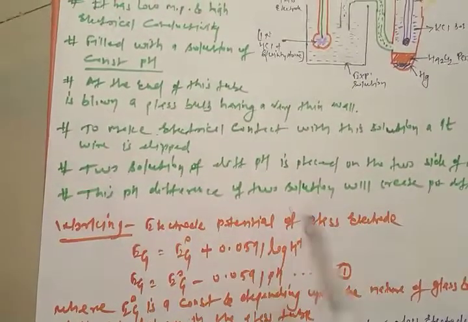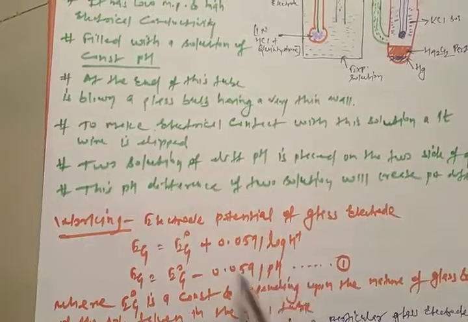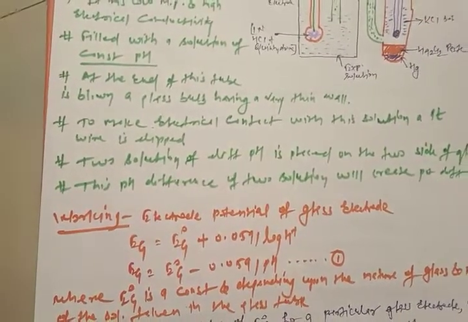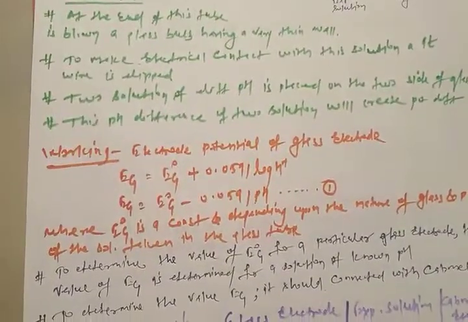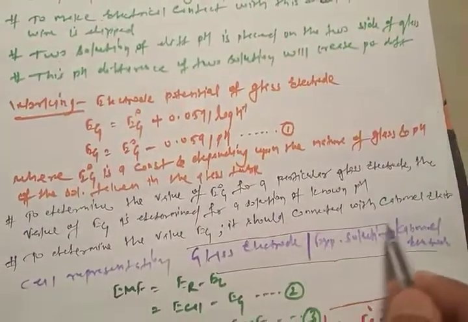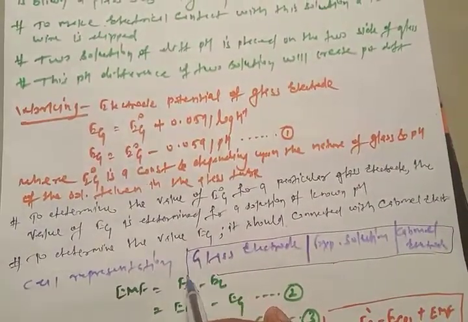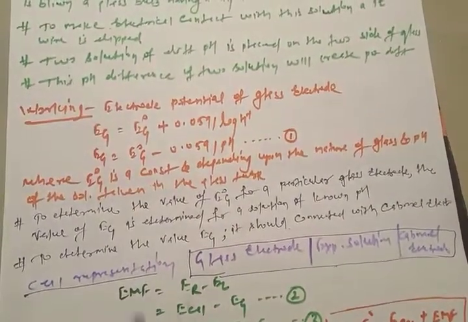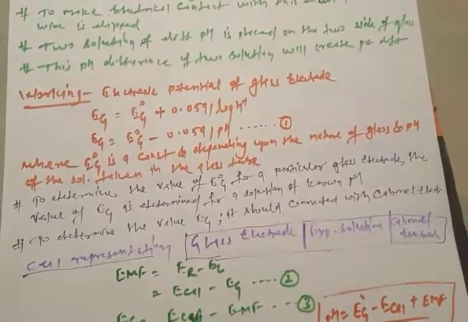Of course, we have the Quinhydrone, so we go for the Quinhydrone calculation also. And then the calomel electrode is there, so this is the cell representation, a point to be noted. I have just written it in a simple way; you can go for the detailed representation also. And then the final EMF calculation is very simple.